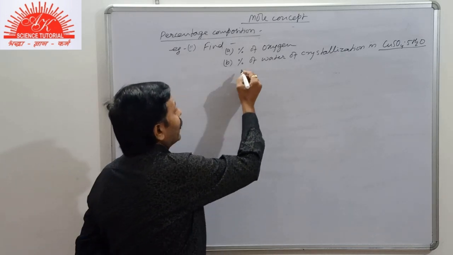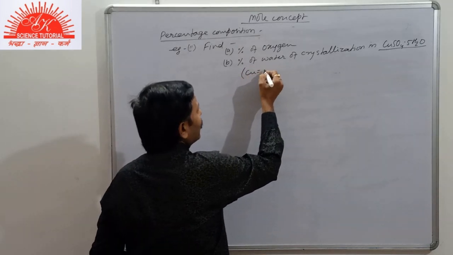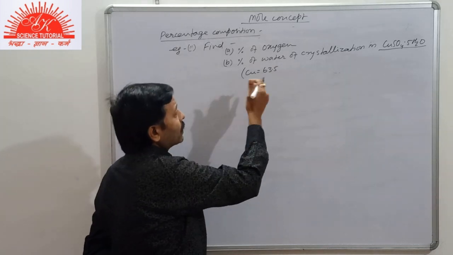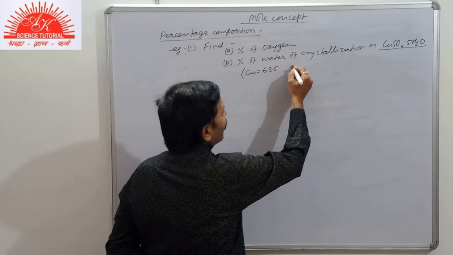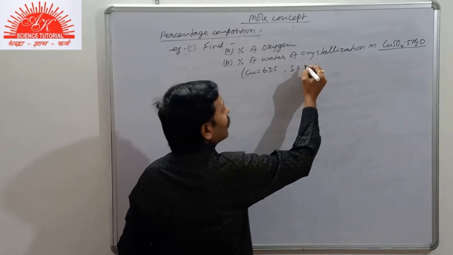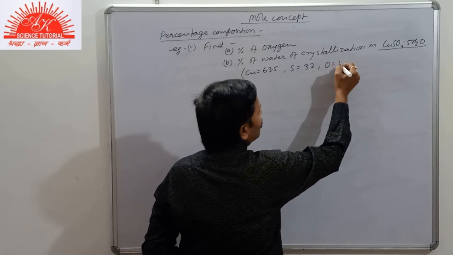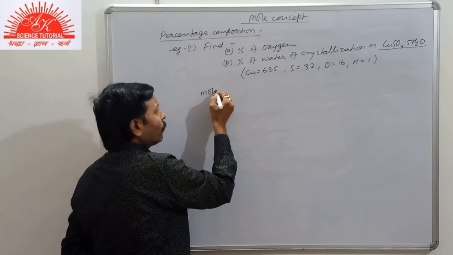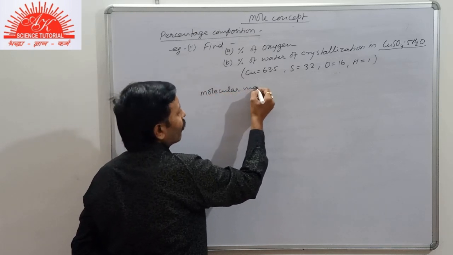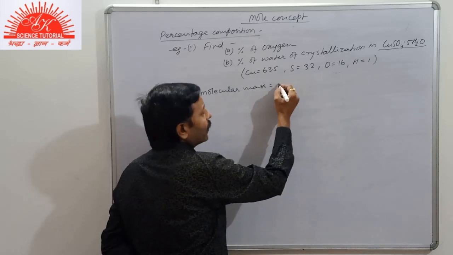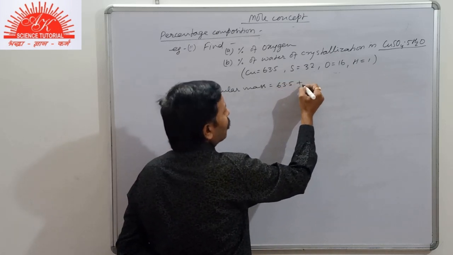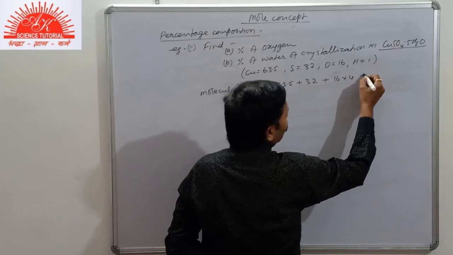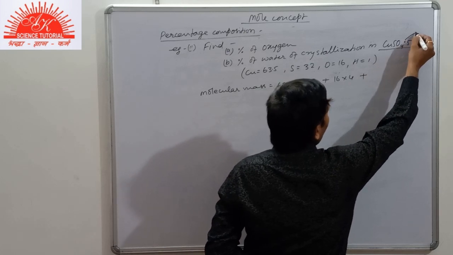First of all, atomic masses will be given: copper 63.5. It may also be given as 64 or 63 simply for avoiding decimal parts. Sulfur 32, oxygen 16, hydrogen 1. So first of all go for molecular mass. Now calculate it: 63.5 plus 32 plus oxygen 16 into 4 plus, now here you have to be careful.